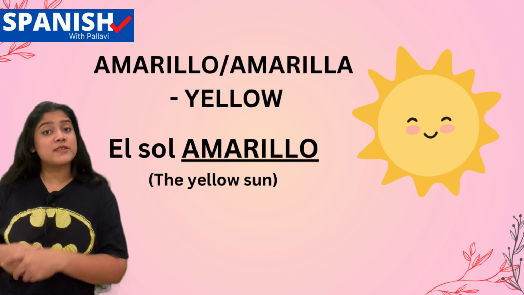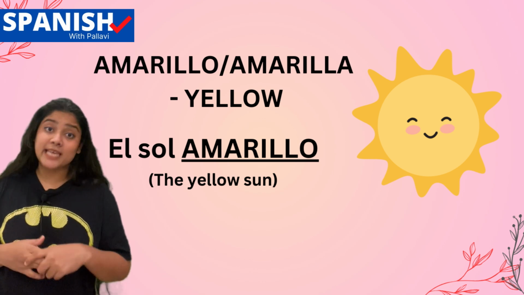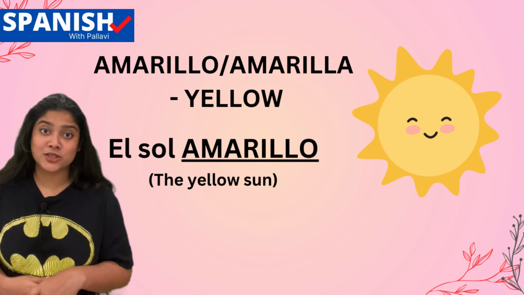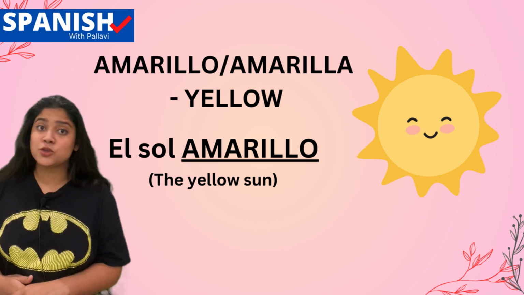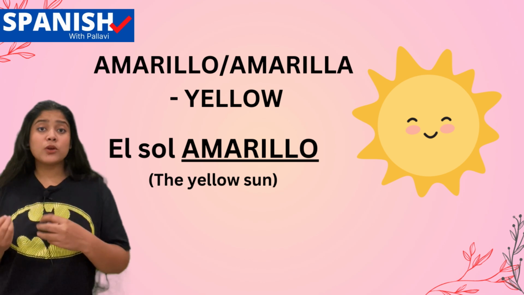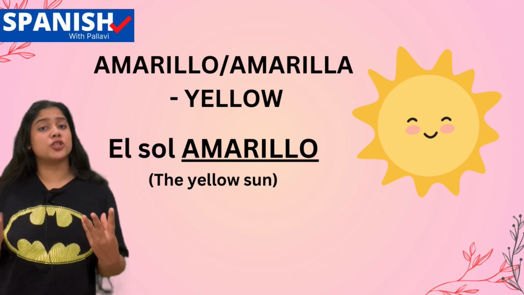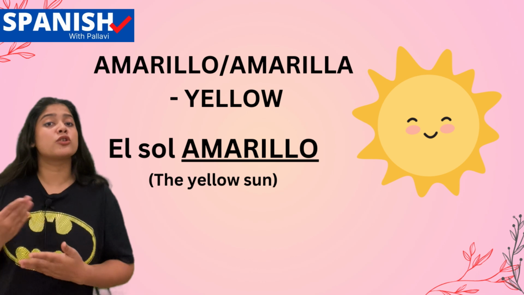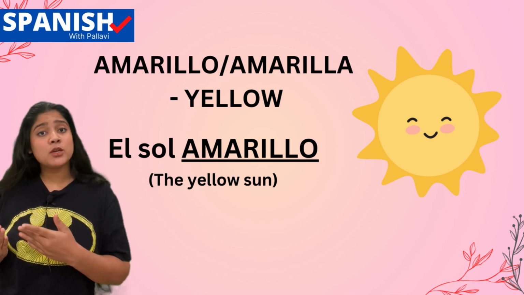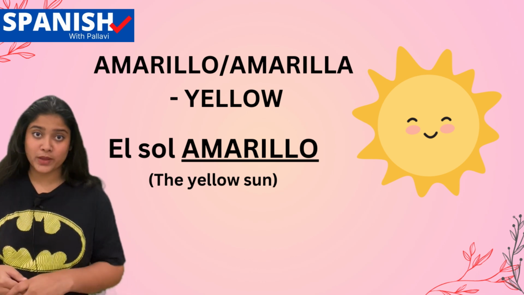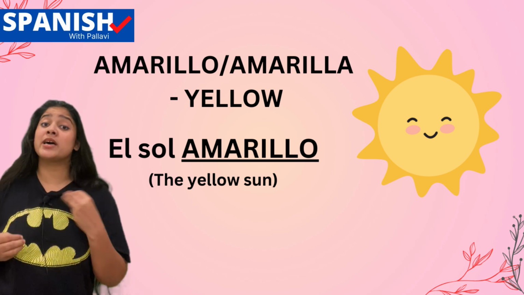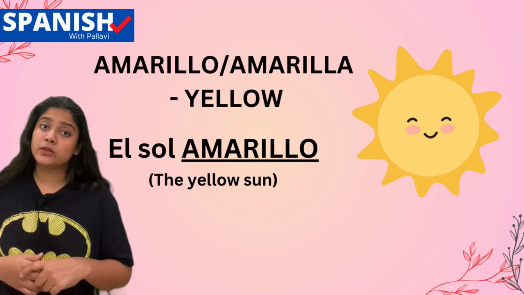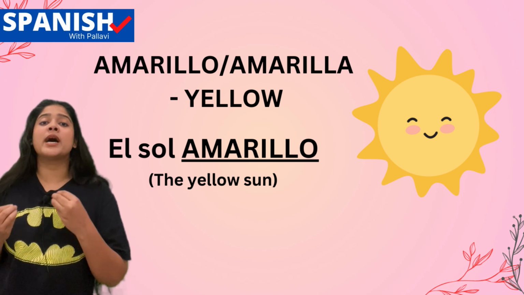Next. The color of this image is yellow. How do we say that in Spanish? Amarillo. Amarillo. The sound of double L will be like a Y or a J. Amarillo, amarillo. With this color also, with feminine things, we are going to use amarilla, and with masculino, we are going to use amarillo.